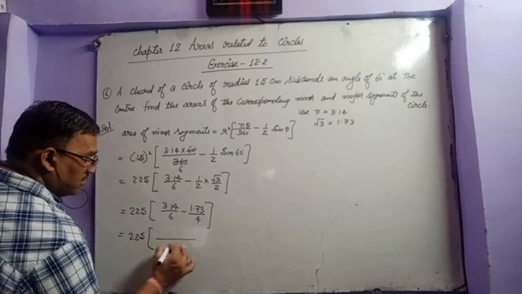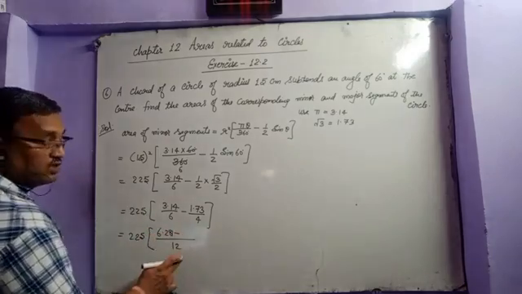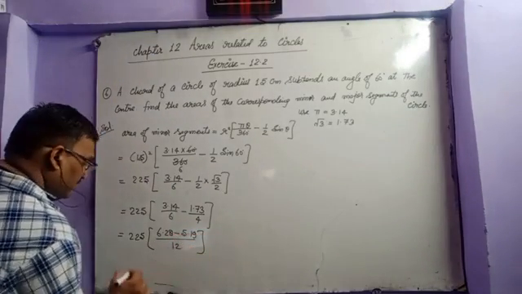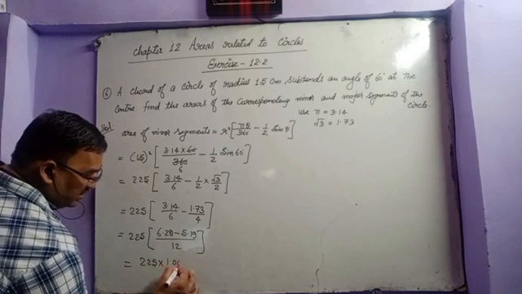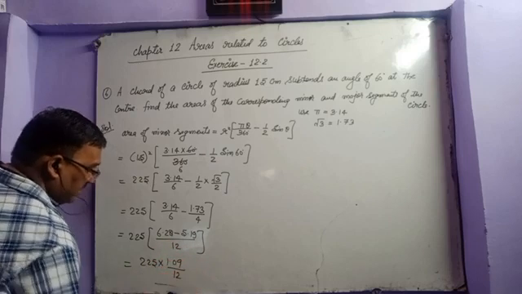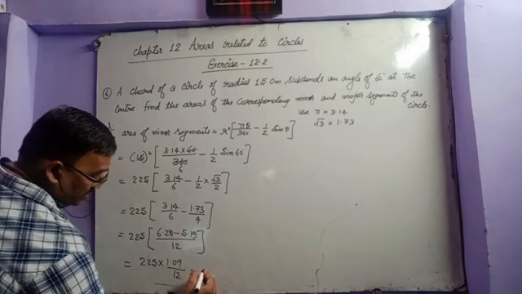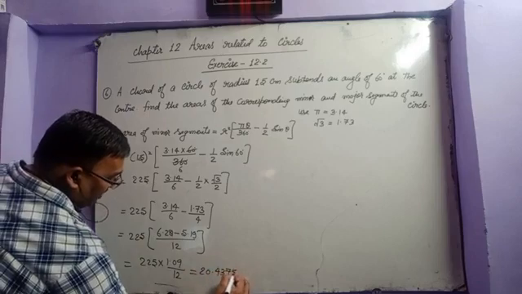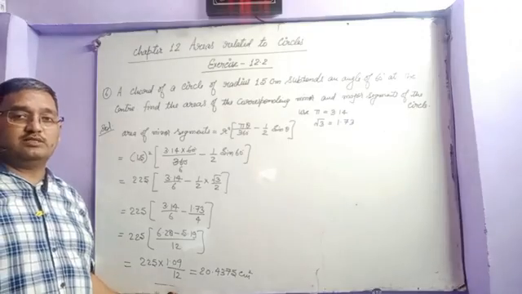So 225 times, 6 twos are 12, 2 into 3.14 is 6.28, 4 threes are 12, 3 times 1.73 is 5.19, and it is 225 into, subtracting these numbers, you will get 1.09 over 12. If we multiply and divide these numbers, we will get 20.4375 centimeter square. So this is the area of the minor segment.